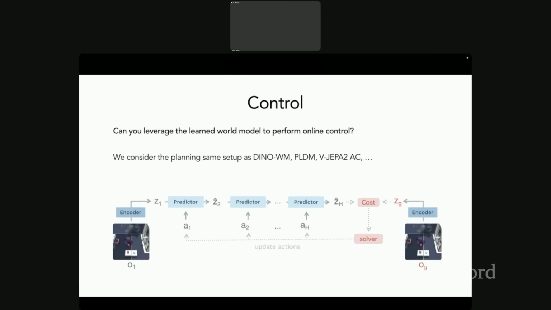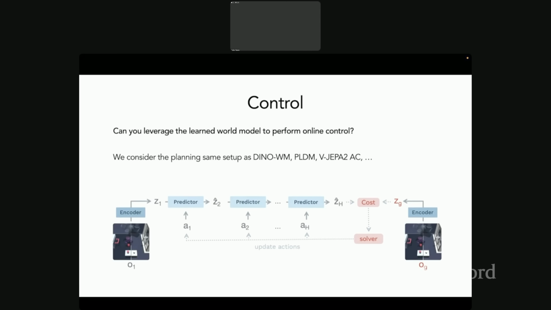So how we perform control is basically we freeze the learned world model. You sample random trajectories of actions, and you optimize by rolling out the future. You optimize that sequence of actions to match a target goal. So for instance, let's say you have a goal frame, OG.